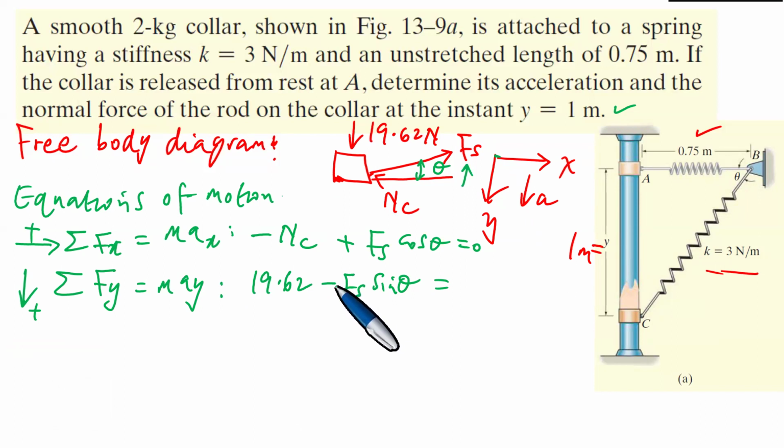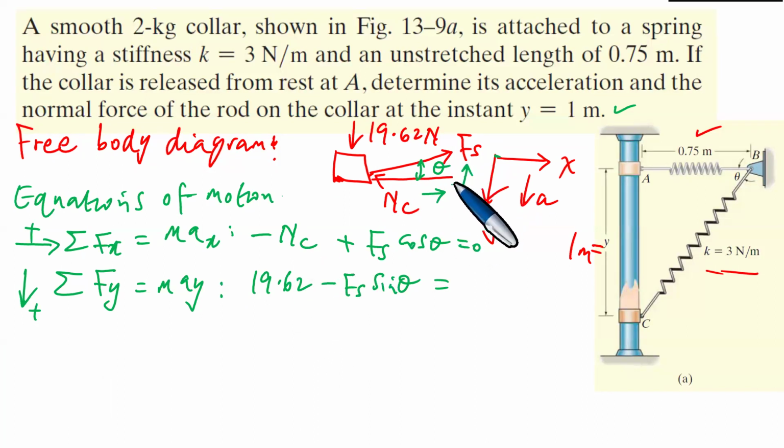What then are we able to achieve here? You have the horizontal component of the force also. This horizontal component of the Fs is in the opposite direction to NC.